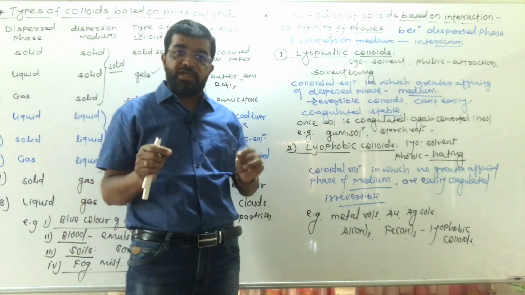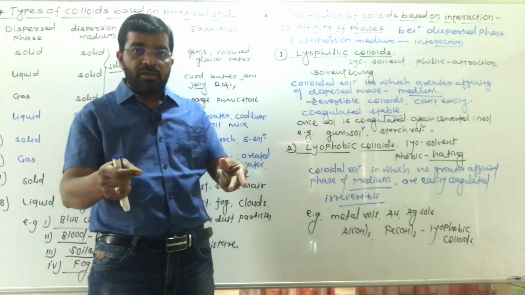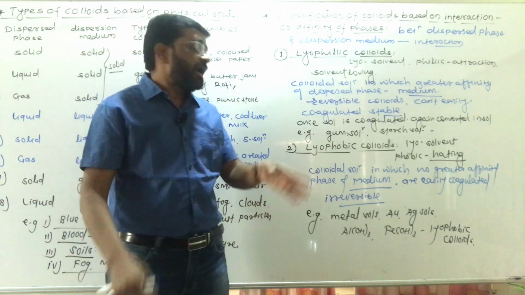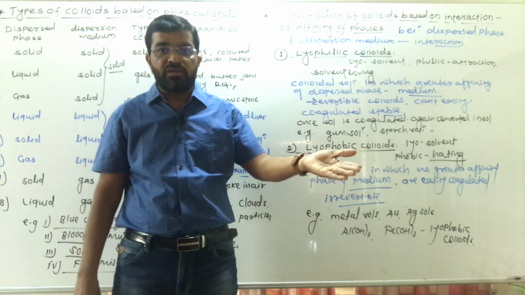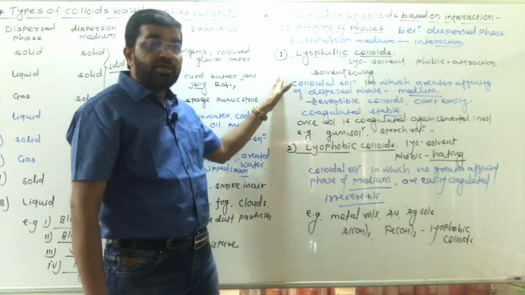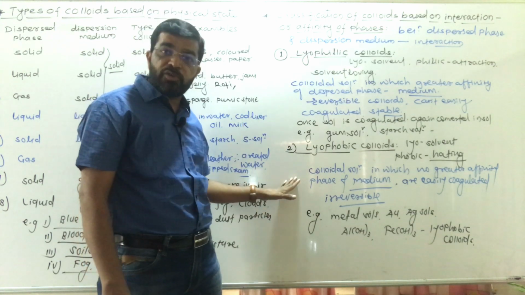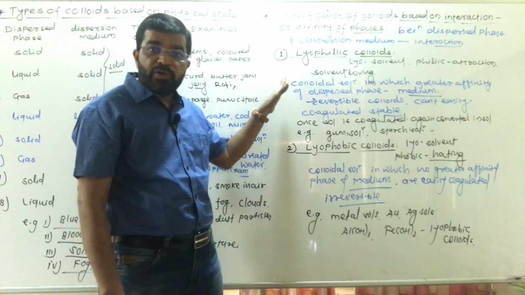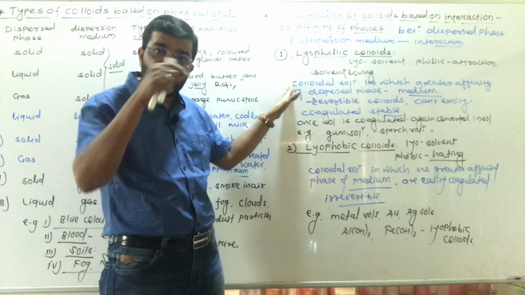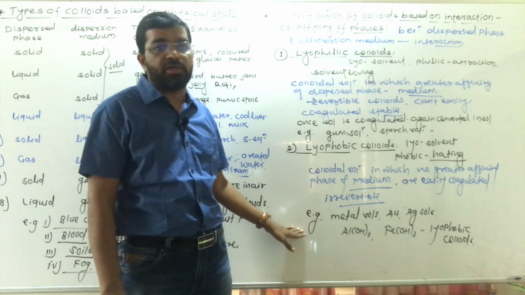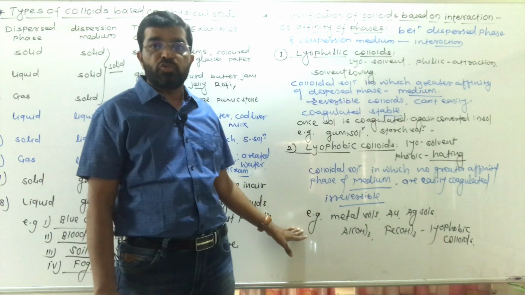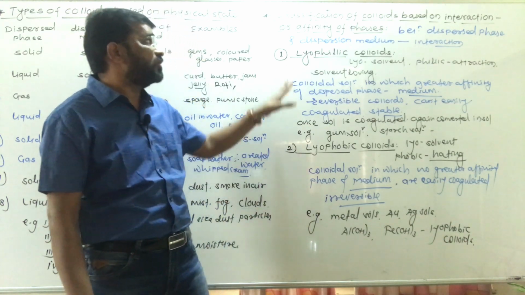So lyophilic means solvent loving, solvent attracting, and lyophobic means solvent hating, solvent repulsion. So these are reversible sols, irreversible sols. Here once the sol is coagulated, again it is converted into colloidal solution. Once the sol is coagulated, again it cannot be converted into colloidal solution. And the examples also you have to remember.